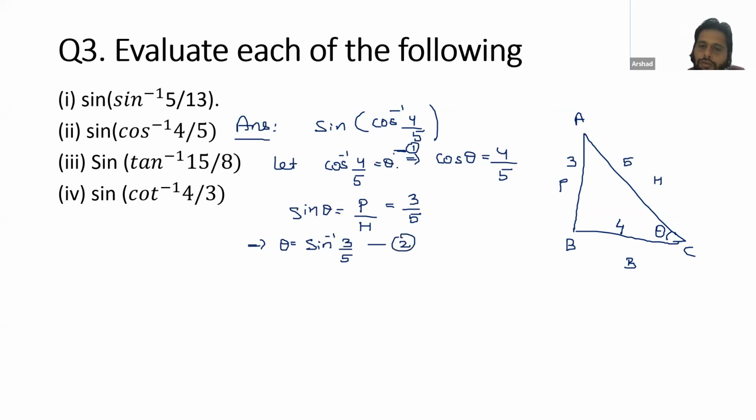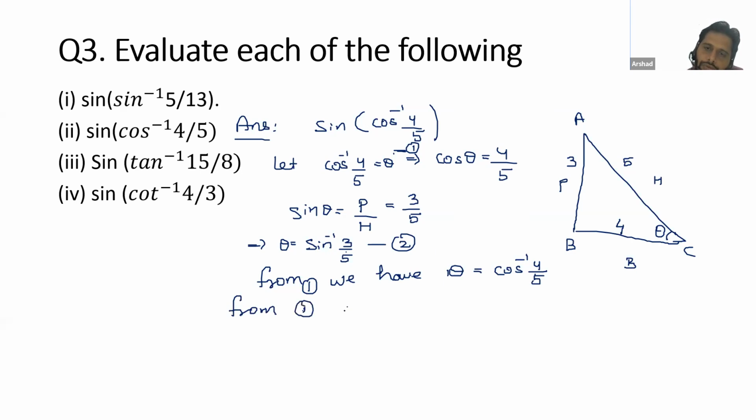Now please check here. From 1 we have theta is equal to cos inverse 4 by 5. From 2 we have theta is equal to sine inverse 3 by 5. So from 1 and 2, we can say that sine inverse 3 by 5 is equal to cos inverse 4 by 5.